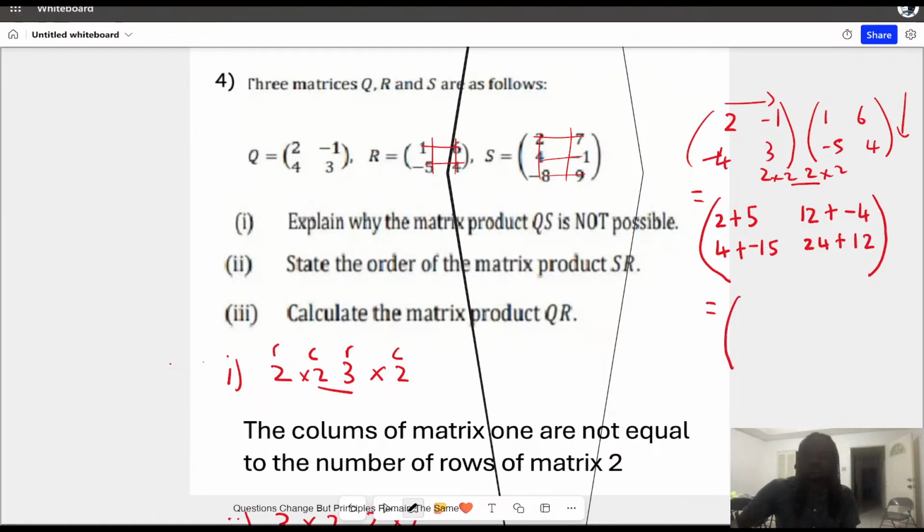So when I work that out, 2 plus 5, 7. 12 plus negative 4, 8. 4 plus negative 15, negative 11. 24 plus 12, 36, not 26, sir, 36.